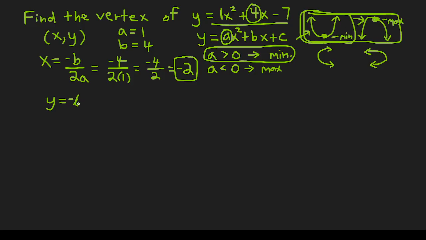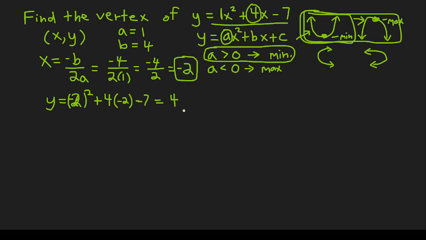So negative 2, that's what we're plugging in. Negative 2 squared plus 4 times negative 2 minus 7.